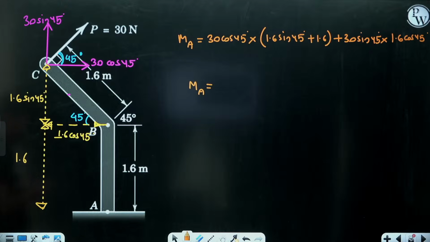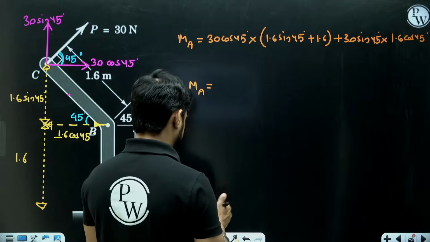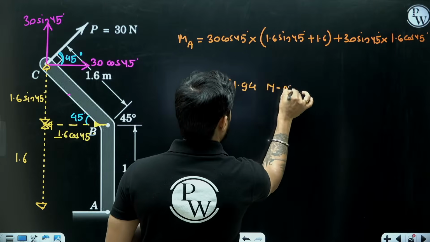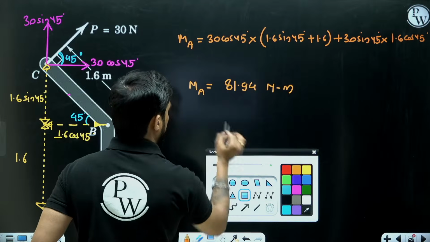So how much is it? It is 81.94 Newton meter. Are you getting this much?